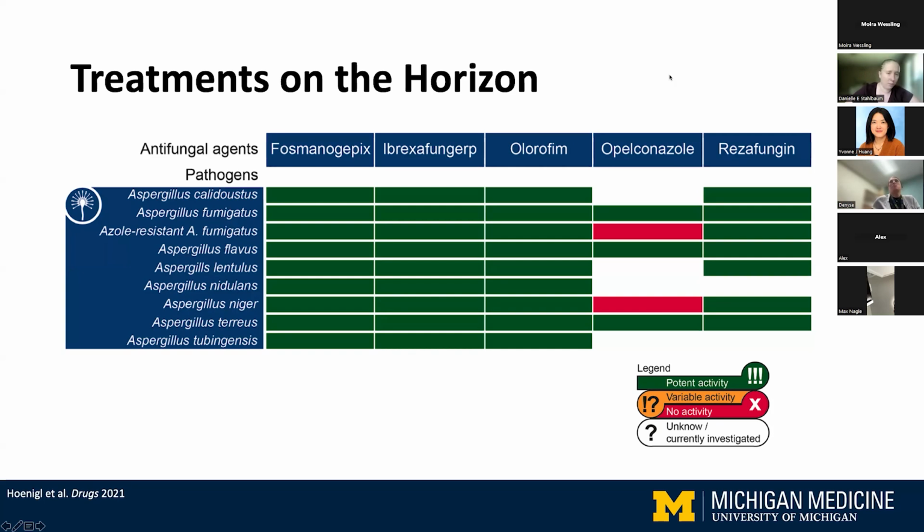That's not going to help so much with the azole resistance because it's an azole itself. The other one is rezafungin, which is an echinocandin, but it's designed to be dosed once weekly. So some of these patients would potentially be able to get this as outpatient therapy instead of being stuck in the hospital for their micafungin infusions and things like that.